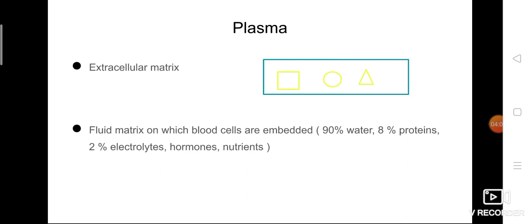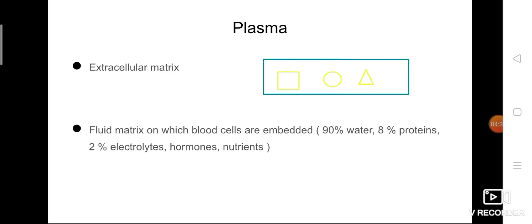Okay, and if you see the composition of blood, 55% of blood is occupied by plasma. If we take the composition of plasma, it contains 90% water, 8% proteins, and 2% electrolytes, hormones, and nutrients.